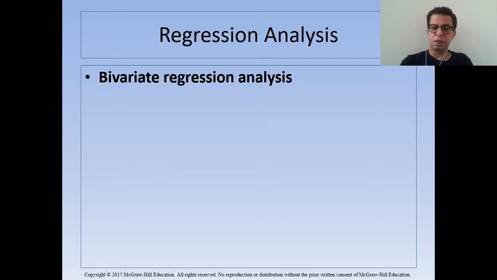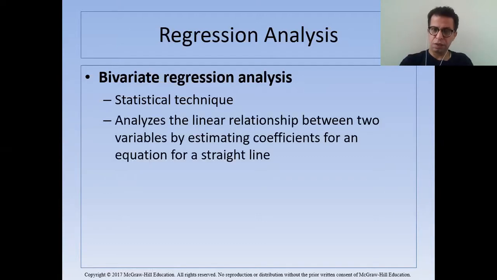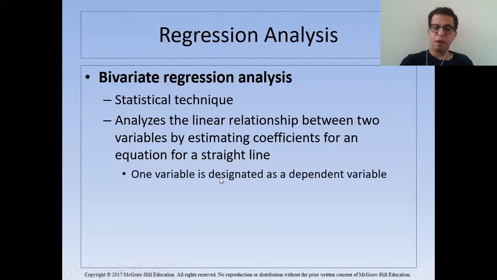Regression analysis is a statistical technique that analyzes a linear relationship between two variables, estimating the coefficients for the equation of a straight line, with one variable designated as an independent variable. We say that there is an independent and there is a dependent variable.